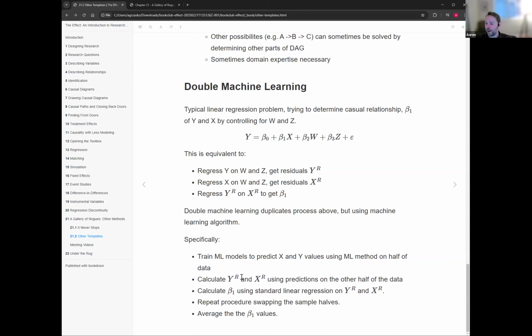So you'd have two beta 1 values and you just average those out. And so the idea was you get a stronger, more precise estimate by doing this procedure twice, using each half of the data in a different fashion each time. So first time you're using the half over to your left to fit the machine learning models, the data over to your right you're using to do the simple OLS, and then you reverse what you're using those two halves for.